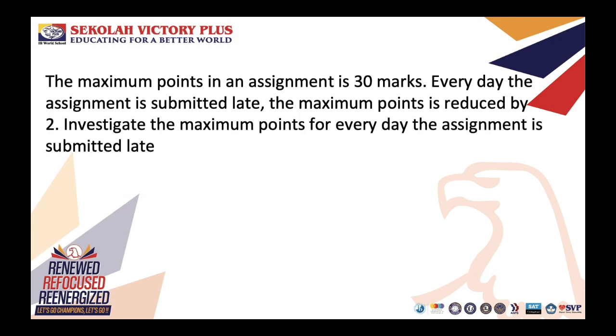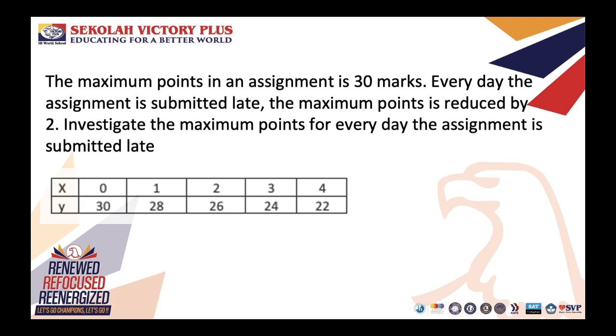Now, last time we started with a story problem or a situation. And from this situation, we were able to come up with a table of values. And from the table of values, I asked you to come up with observations and patterns leading to linear relationships.